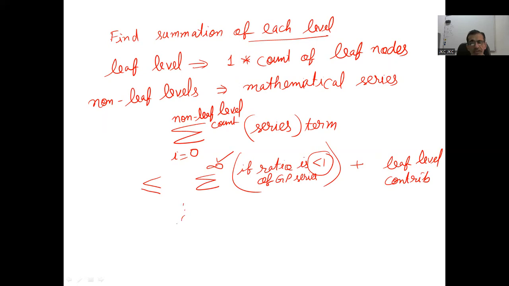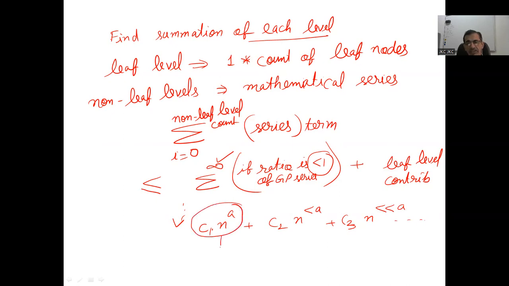And I will solve it. Finally, I will have some terms in n power, say some constant into n power a, plus some other constant c2 with n power less than a, maybe plus c3 into n power much less than a, etc.